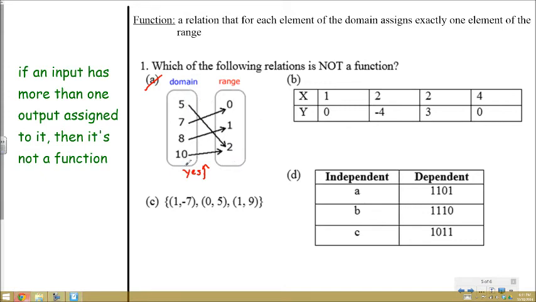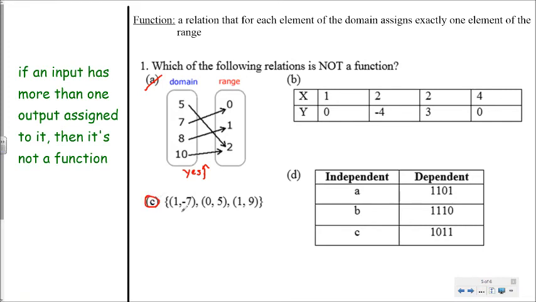So it's okay for two inputs to give the same output, but you can't have one input give you two outputs. So an example of one input giving you two outputs is letter C. The input of 1 gives me two different values when I get the output. So this is not a function.